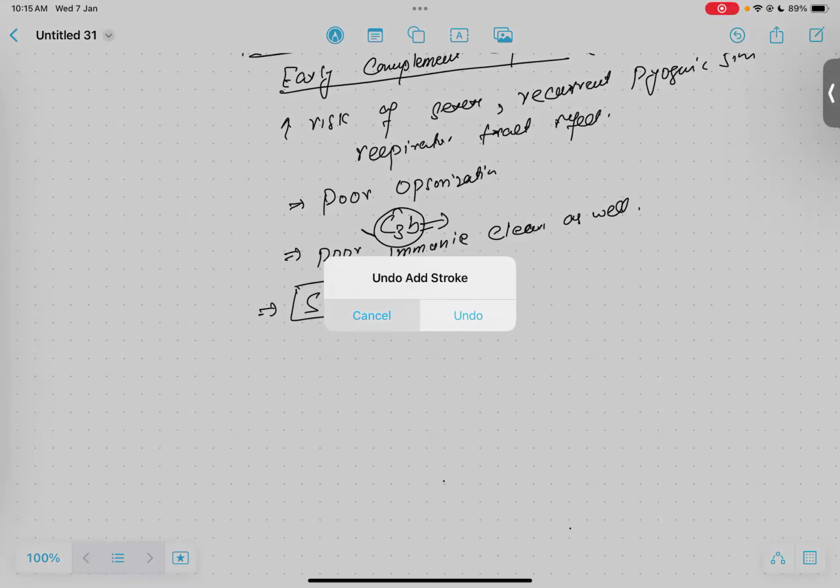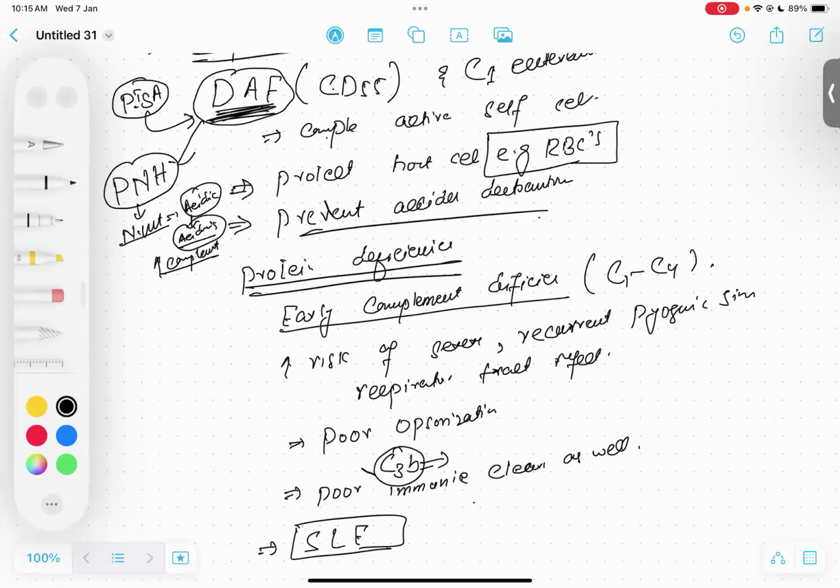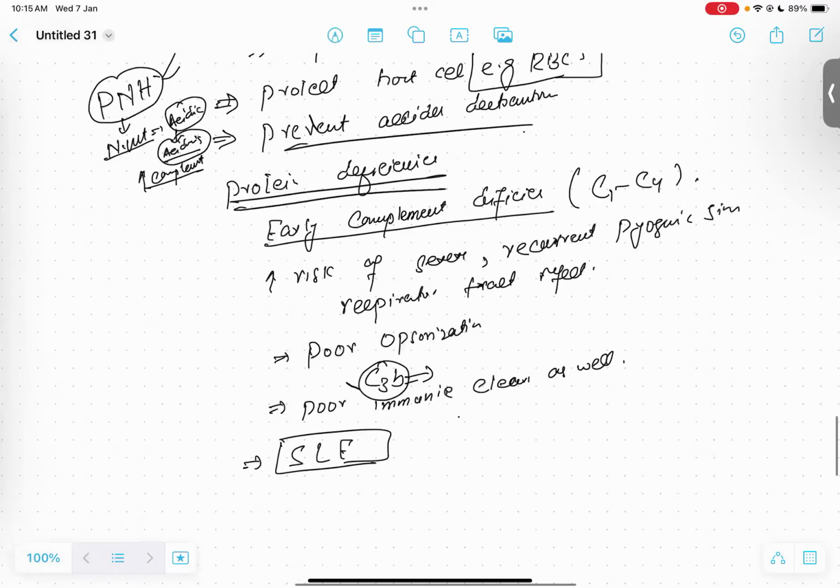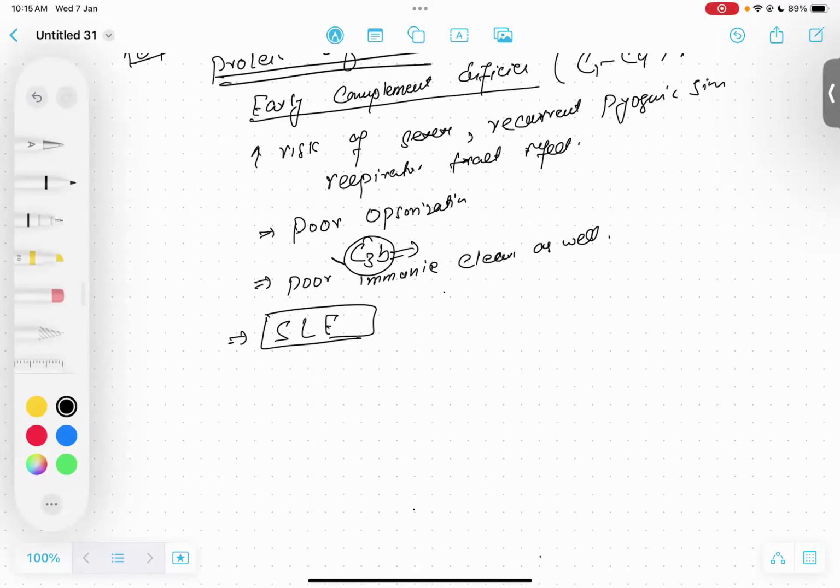Poor immune clearance, because opsonization is not only attached to foreign antigens or foreign particles, they are also attached to the dead and debris particles that are usually produced by the body's own cells. So they will also opsonize these, and then these are taken by the macrophages and cleared by the immune system.